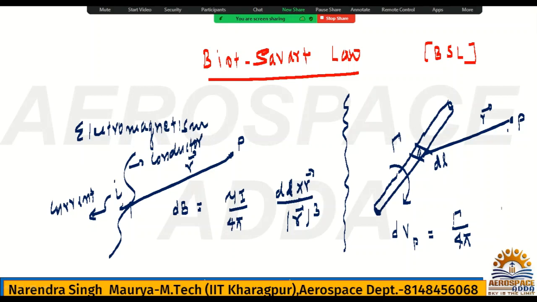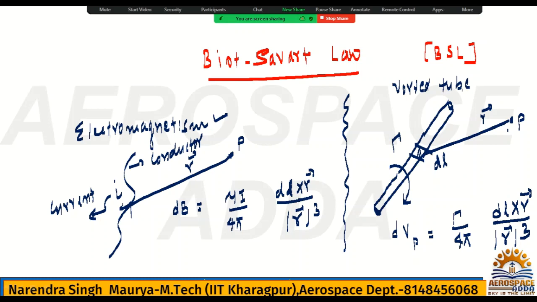The rest of this part will be the same: dl, which is the elemental length of this vortex tube, into the position vector r divided by r cubed. So just analogously you have taken this. This is the electromagnetism and this is the vortex tube.